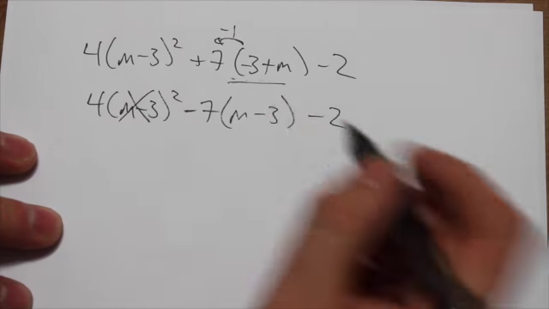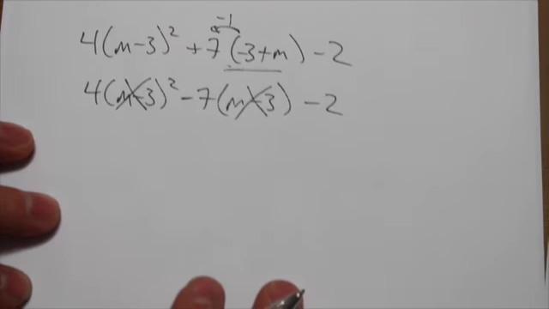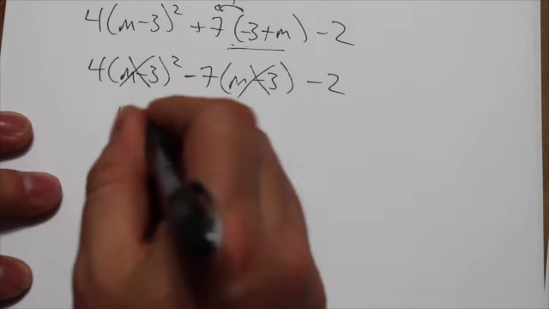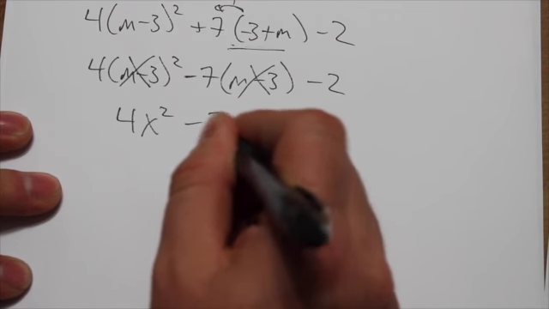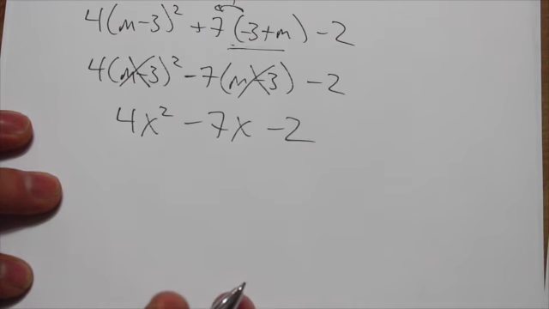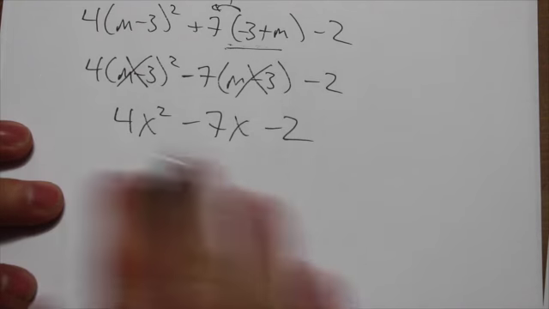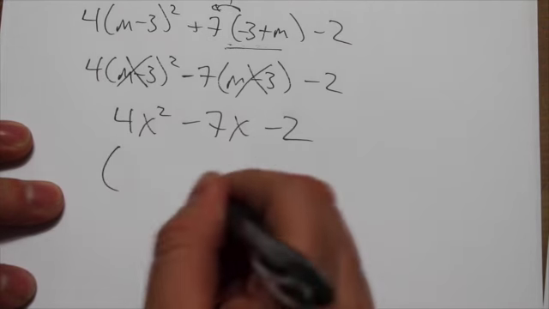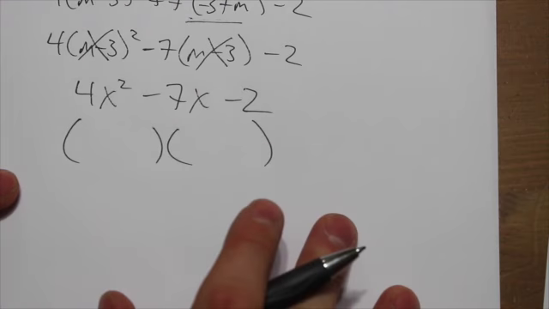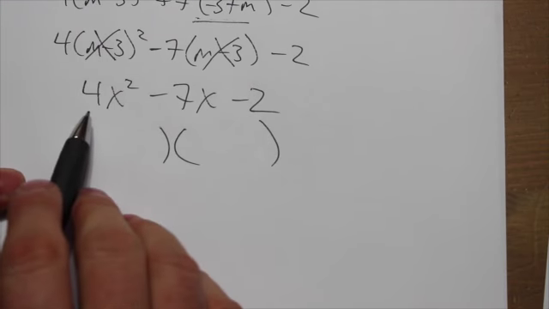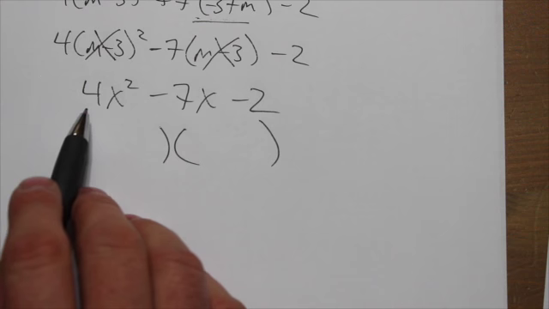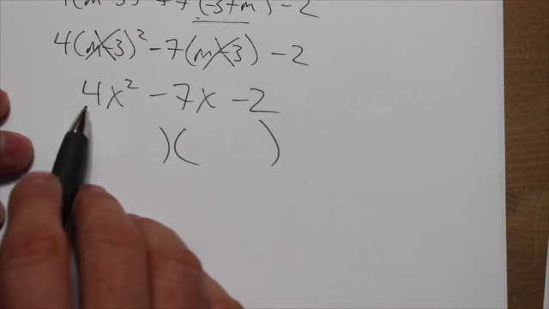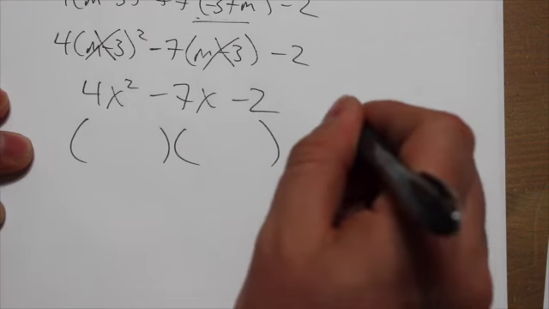Now what I'm going to do is I'm going to call that x, just to help me factor this here. So 4x squared minus 7x minus 2. It's a trinomial. Notice there's no common factors there, so I'm going to jump ahead. I'm going to break it apart, but I'm going to follow the same pattern that I've established for you here. 4 times negative 2.